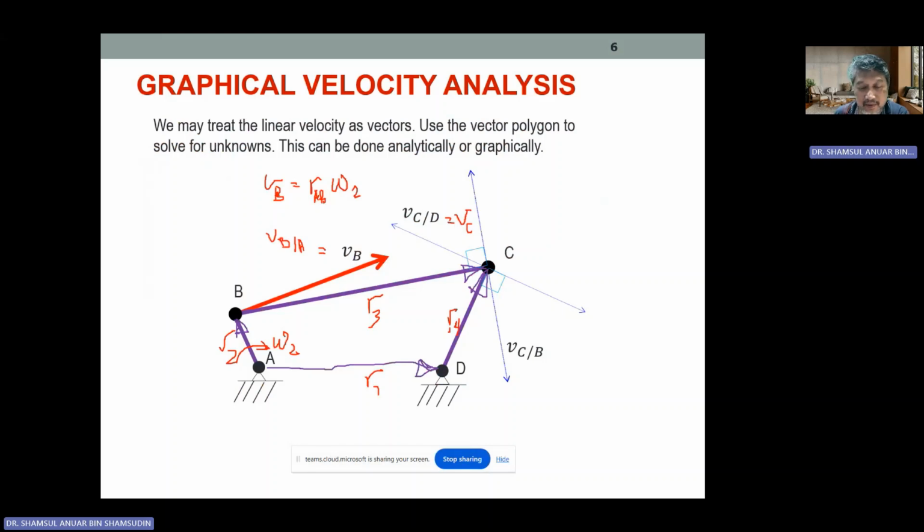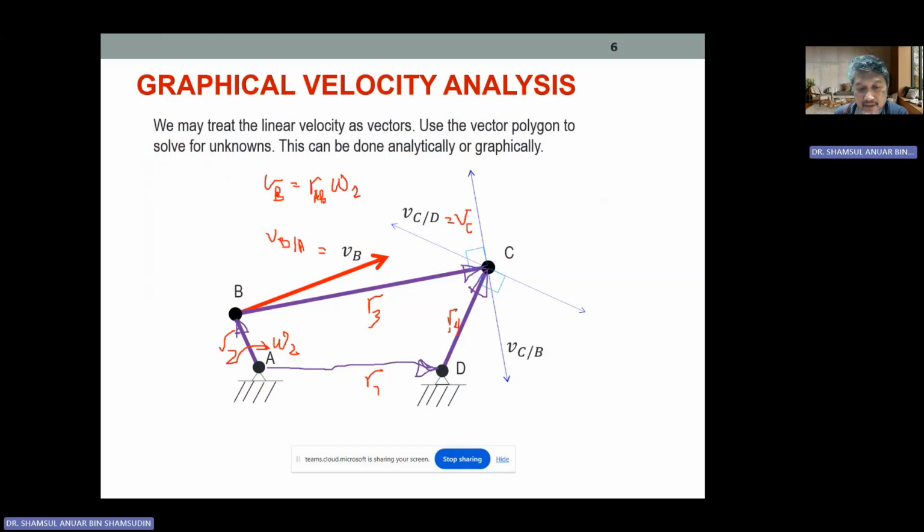What is important for us to know is that VB is an absolute velocity that is related to point A, and point A is on the ground, a fixed pivot. Same as VC, which is with respect to point D, and point D is connected to the ground, so this is a fixed pivot.